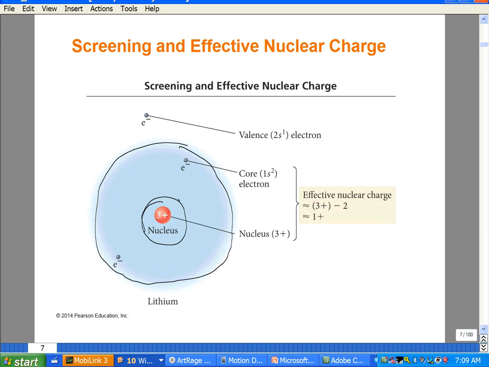The core electrons providing this shield then prevent any electron in the valence shell from experiencing the full effect of this positive charge. So this electron out here is not going to be drawn as strongly toward this nucleus, because there are other electrons out here with negative charge that are preventing this from occurring.